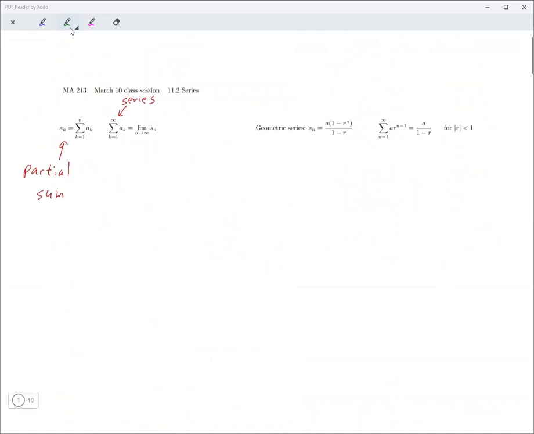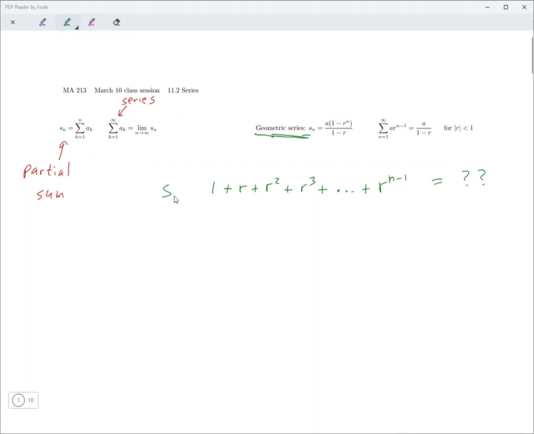Okay. So I want to look at this right here when you have a geometric series. So here's what happens. If I go 1 plus r plus r squared plus r cubed, and I go all the way up to r to the n minus 1, and let's say I want to know what that is.